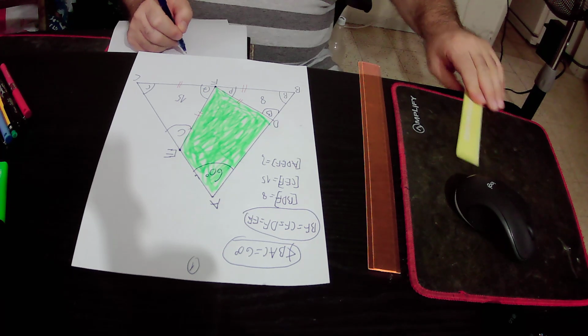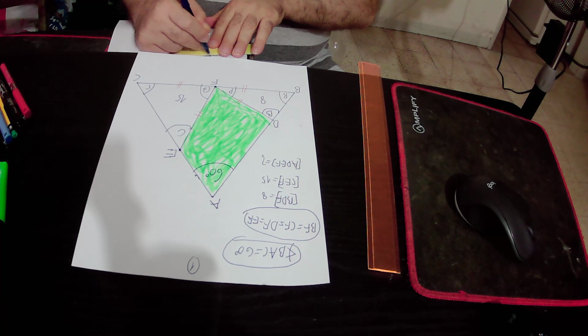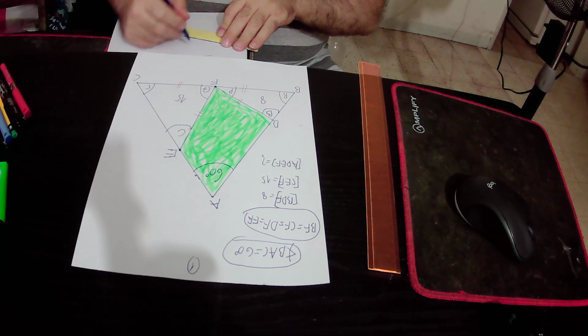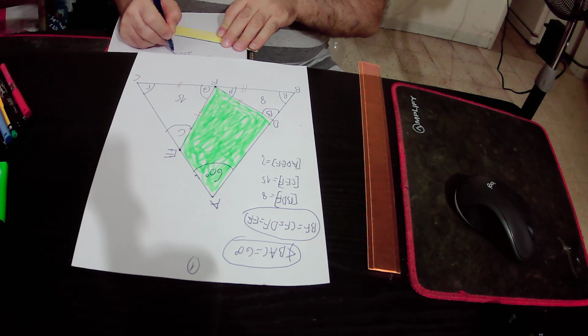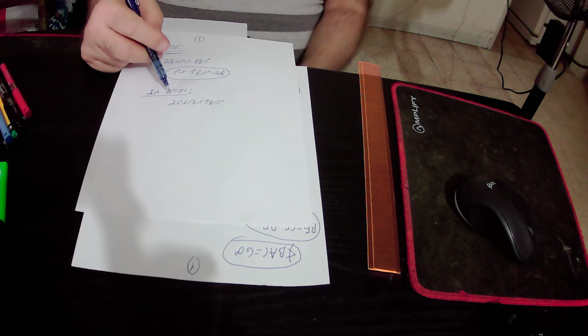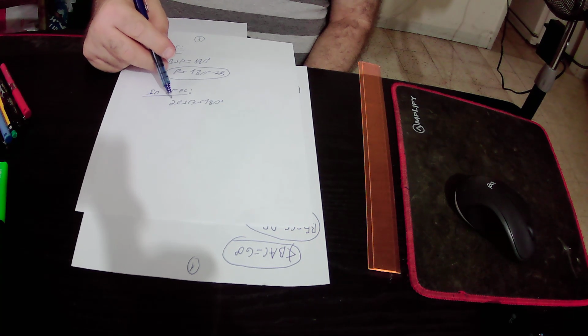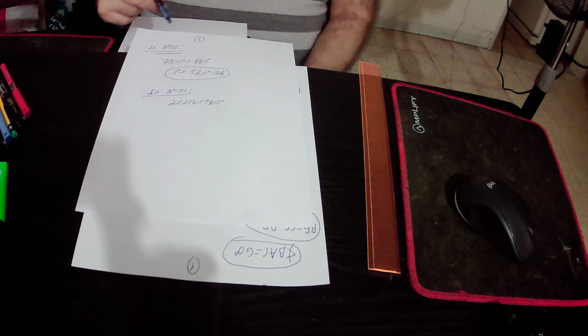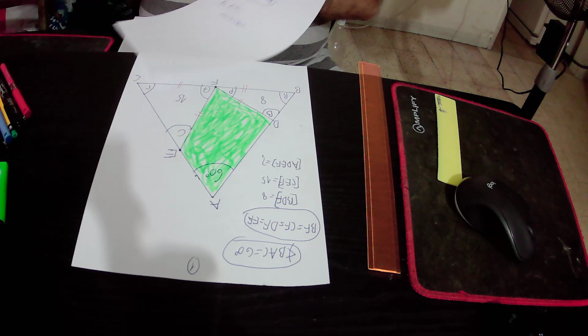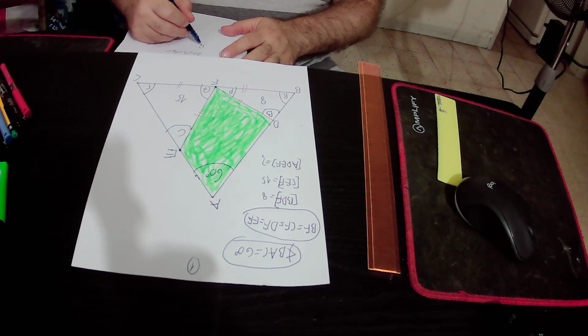We know that the sum of the angles in triangle FEC must be equal to 180 degrees, therefore 2C plus Q must be equal to 180 degrees. We will subtract 2C from this equality and we will get that angle Q equals 180 degrees minus 2C.